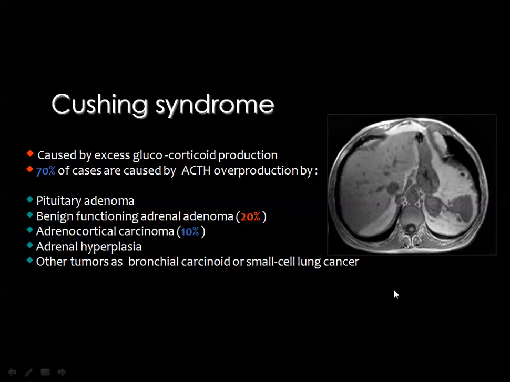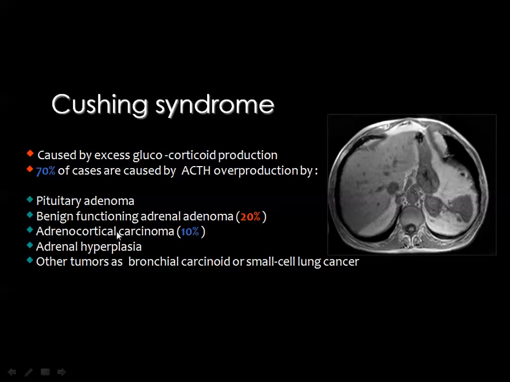And Cushing syndrome is caused by the excess glucocorticoid production, and also in 70% of the cases is caused by ACTH overproduction, or one of the causes for this abnormal ACTH production is the pituitary adenoma, or functioning adrenal adenoma in about 20% of the cases.